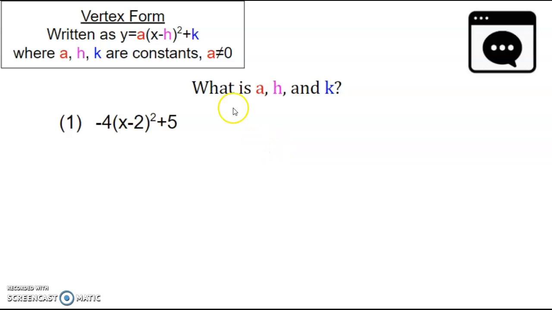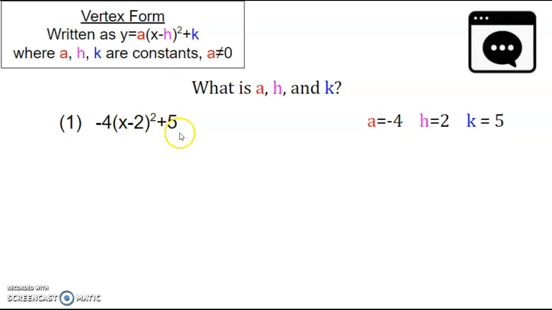So we're going to try to see what the different numbers represent in different equations. So you have a vertex form of expression. Can you tell what is a and h and k? I'm doing the first one for you. The number in front of whatever is being squared is the a value. h is the number inside the parenthesis followed by the negative sign.